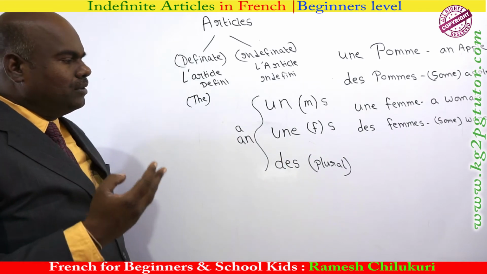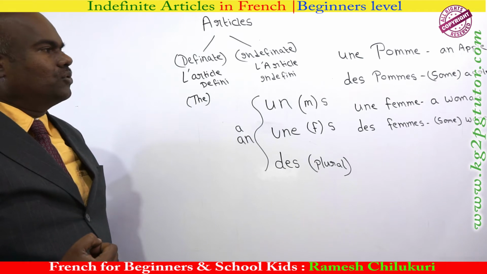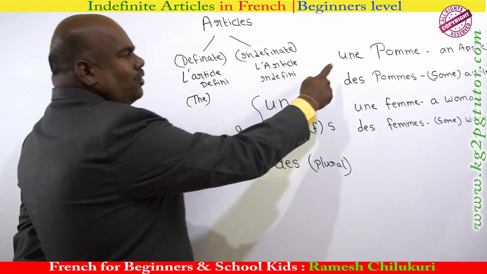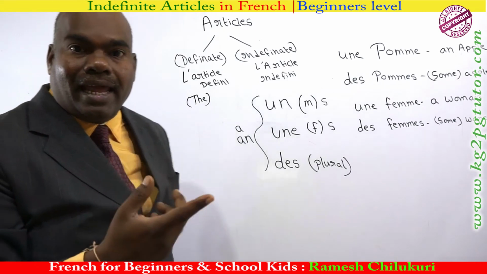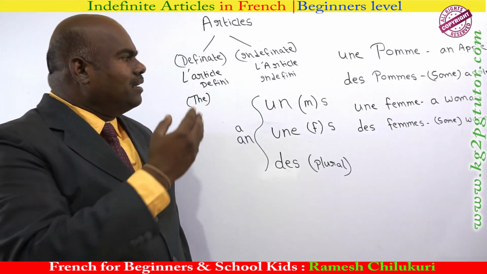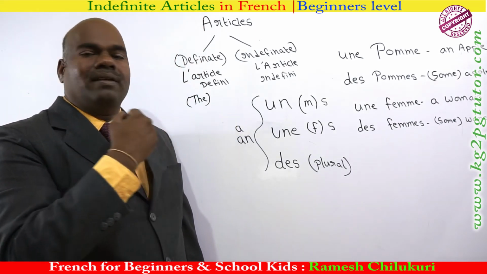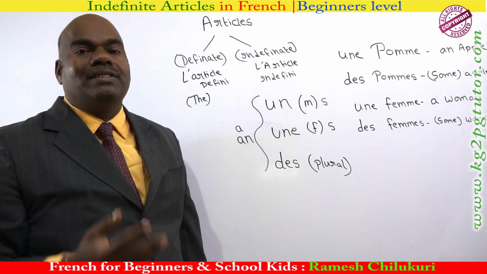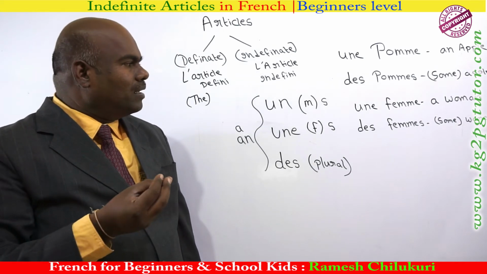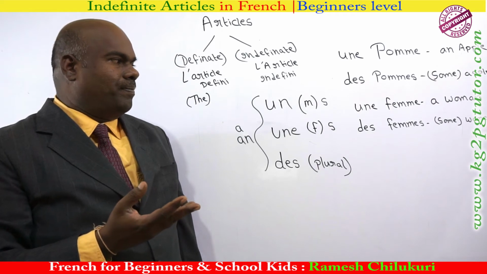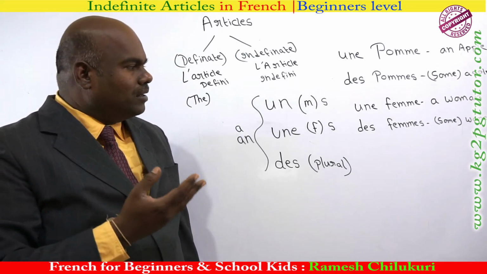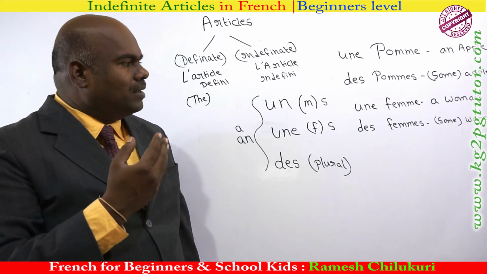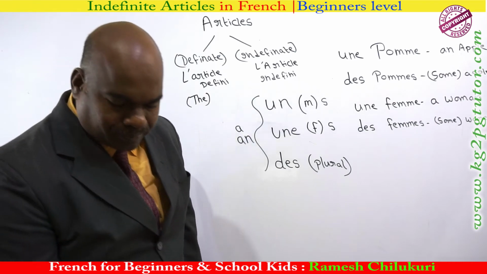Un, une, des. So as I told you, you'll say une pomme, which means an apple. Des pommes literally means some apples. Une femme, a woman. Des femmes, some women.